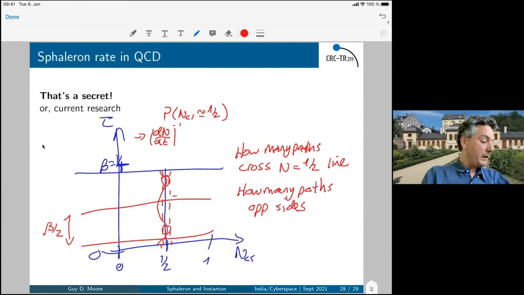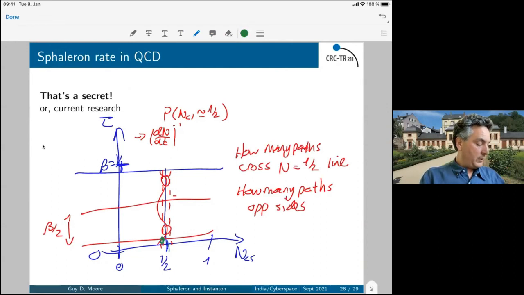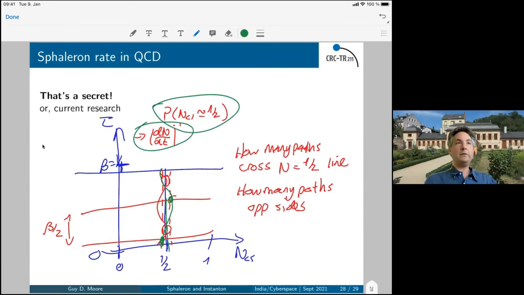So how many times does a path start off on this side of the line, and over here it's on that side, and then it crosses back to this side? And up to a constant of proportionality, which is easily calculated, this gives you exactly the product of these two things, which is the thing you need to determine the Sphaleron rate.